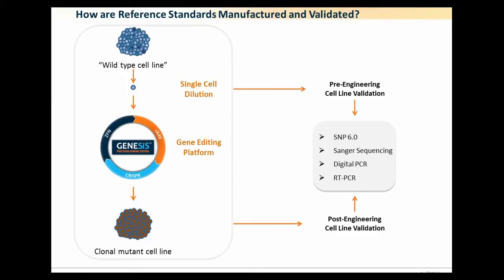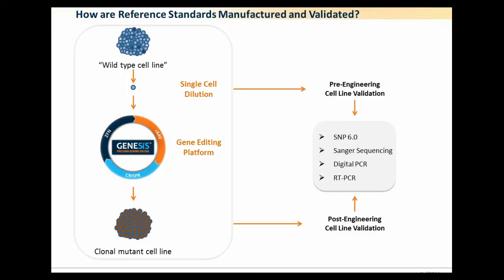So just to make sure that you fully understand, our reference standards are coming from very pure and validated cell lines from a common source. And then these cell lines are validated before undergoing engineering to produce the mutant cell lines.